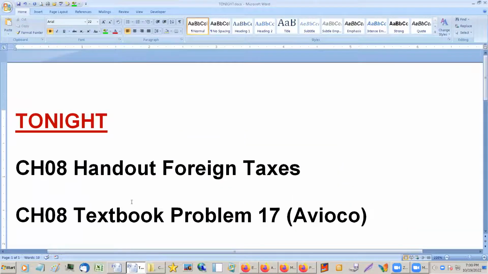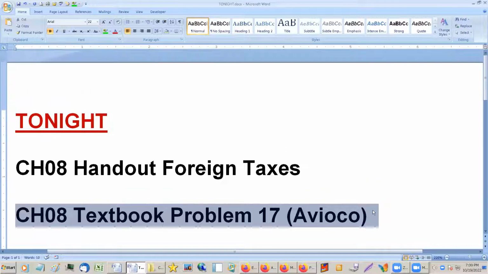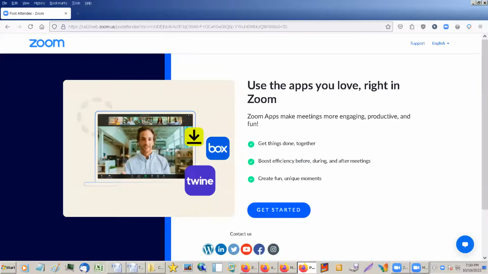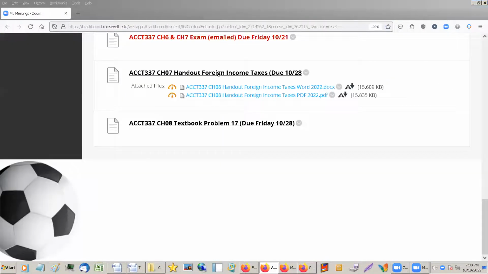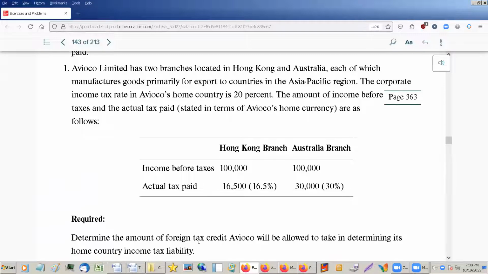Oh, okay. So let me share my screen. So in the textbook, there's problem 17. I don't know how you pronounce the company name. But anyway, it's this problem, and you just have to figure out the foreign tax credit.